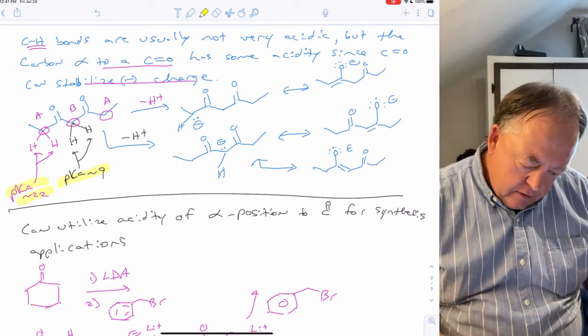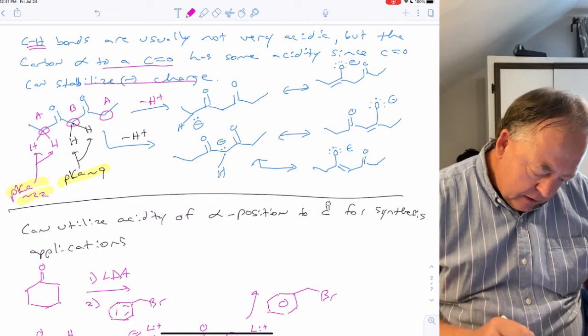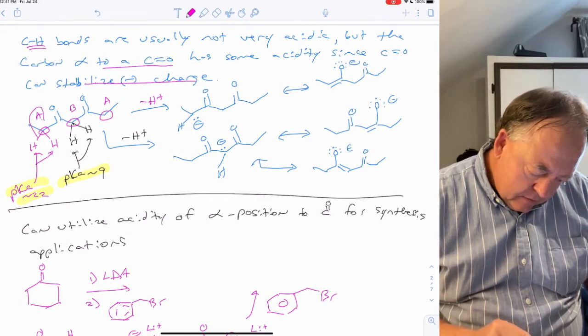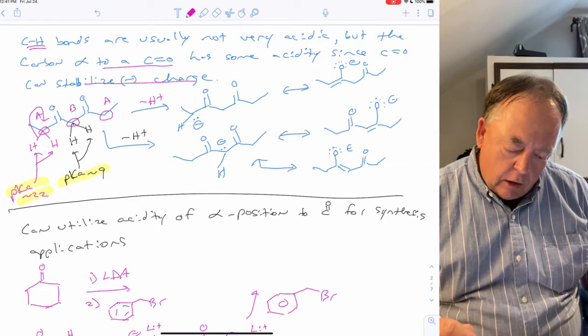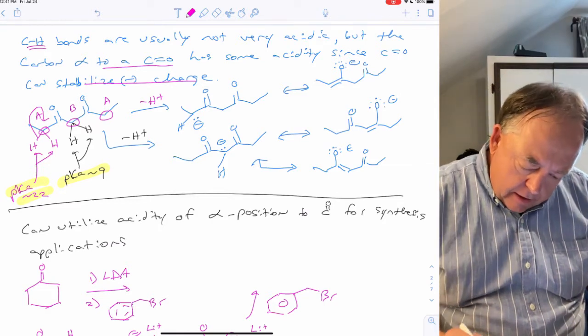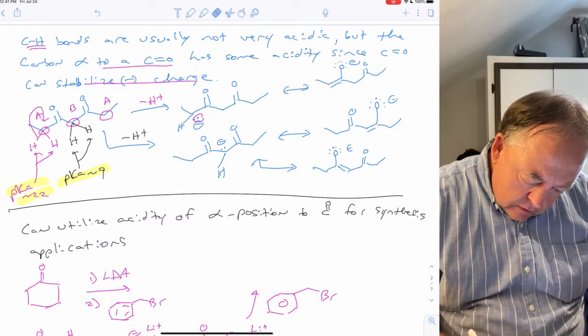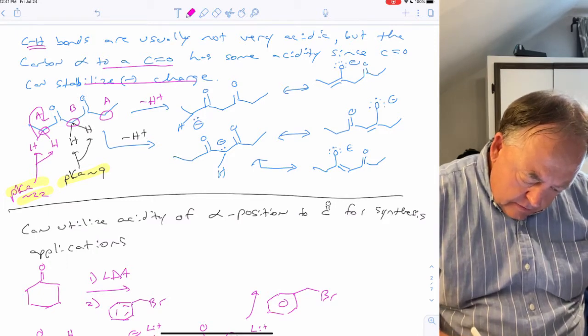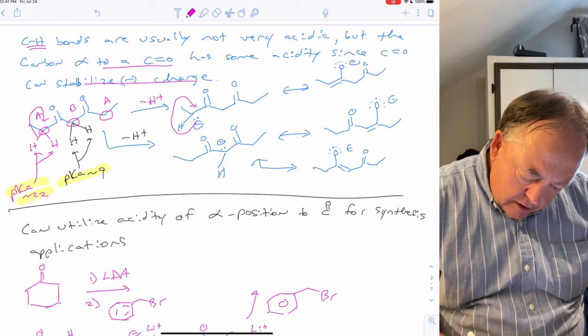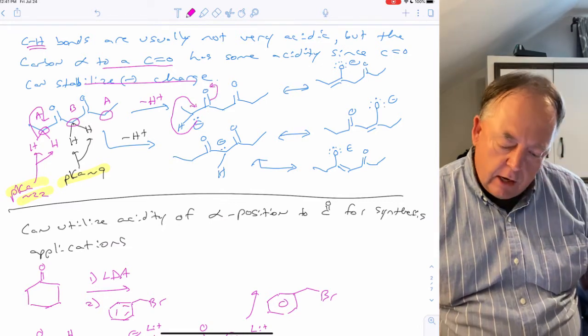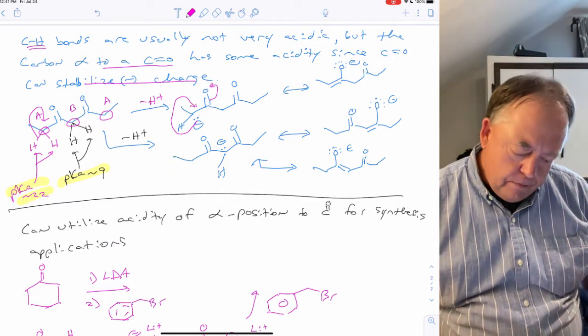So if we take the pink route, if we lose one of those hydrogens and put a lone pair there, then that lone pair of electrons, we could move it here to make a double bond and move that to oxygen. So there's only one resonance form.